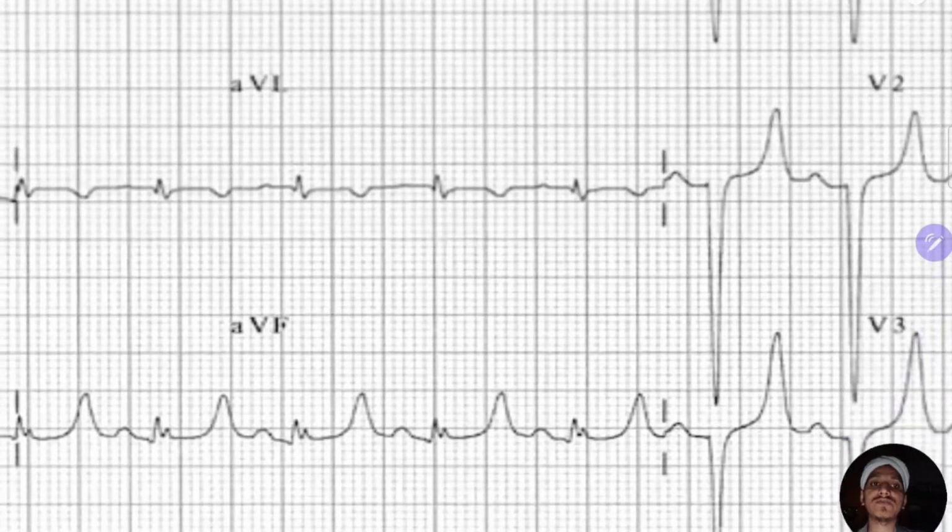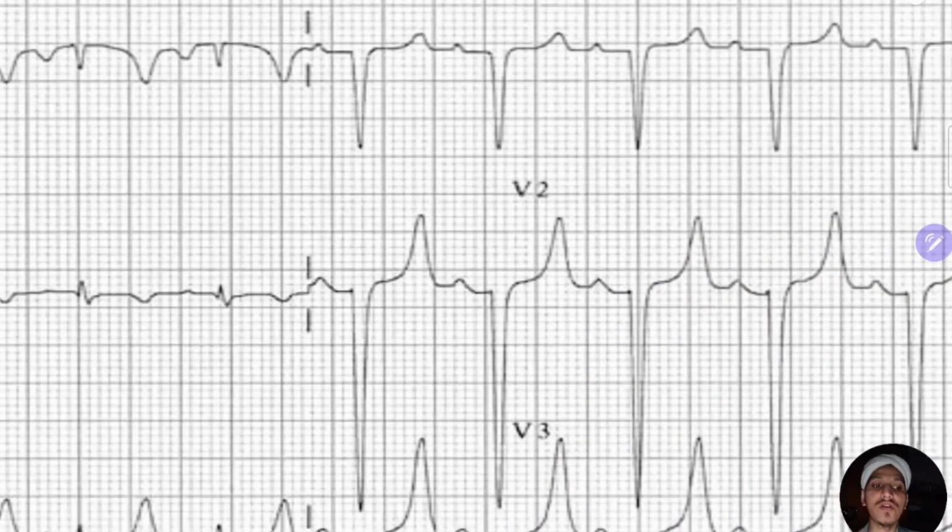Now in precordial leads, they should be more than 10 mm. If you take it from here, this is 2 mm, this is 5 mm, and this is again 2 mm. So approximately it is 10 mm only.